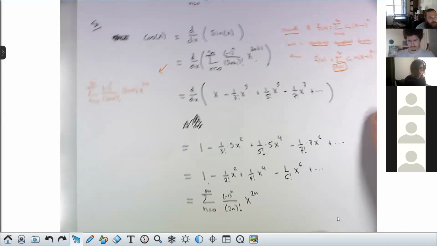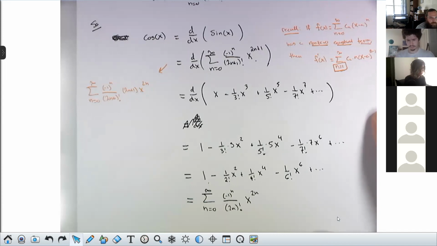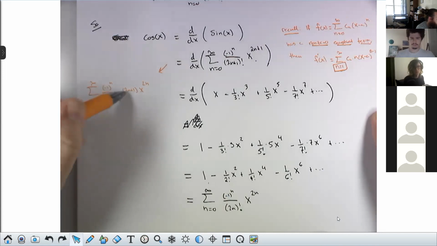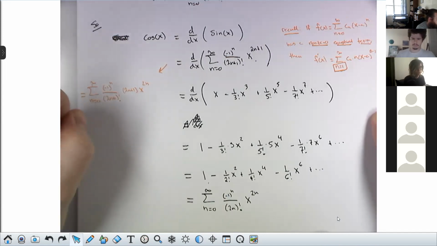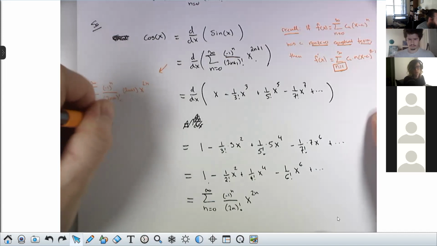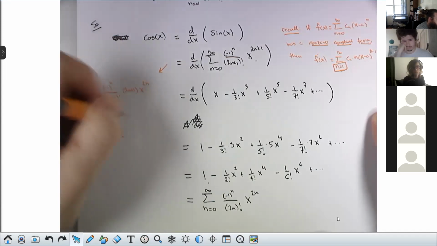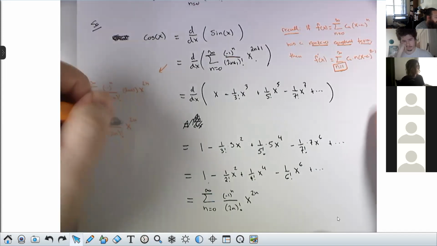I just follow the differentiation rules. Bring the power down, decrease the power by 1. And then the same cancellation thing is true. If you cancel the 2n plus 1 and the 2n plus 1 factorial, you get -1 to the n over 2n factorial x to the 2n. It's slightly faster like that.